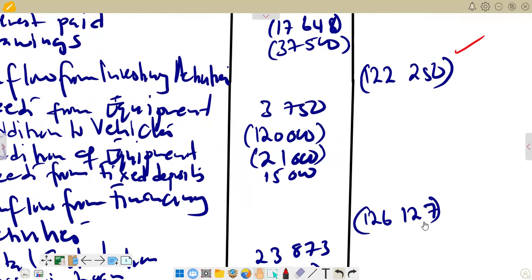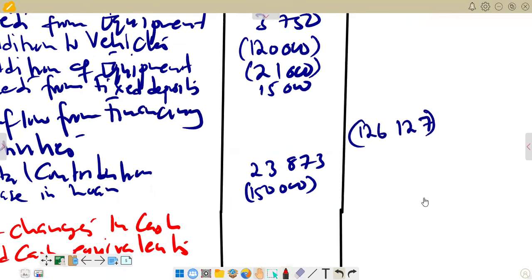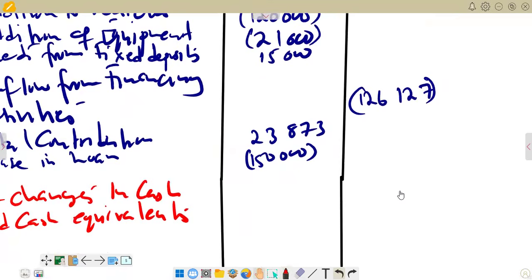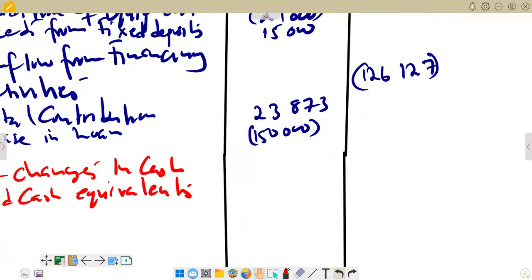We subtract 126,127. And then you get your net change in cash and cash equivalents. The figure that you are supposed to get there is 157,275 as a positive. So we leave it like that as a positive.